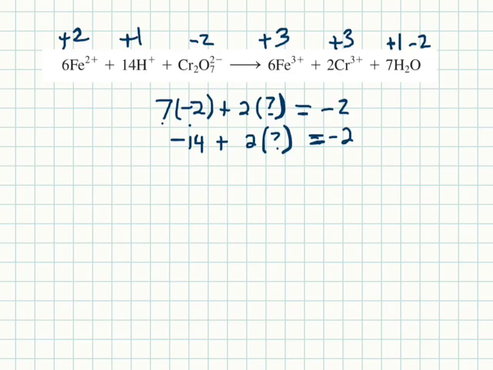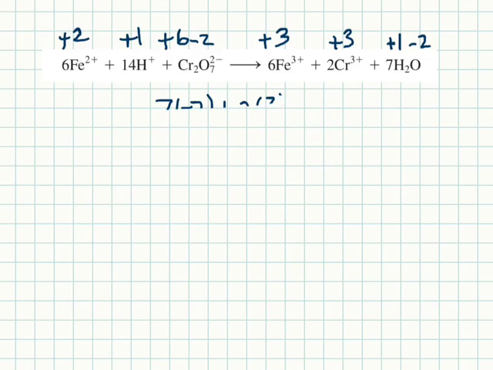Well, -14 plus 12 would equal -2. So 2 times something had to give me 12, and that something is +6. So the chromiums in dichromate are +6 oxidation states. Now, as soon as you noticed that the irons had changed from +2 to +3, that was all you needed to see to decide that, yes, this is redox.